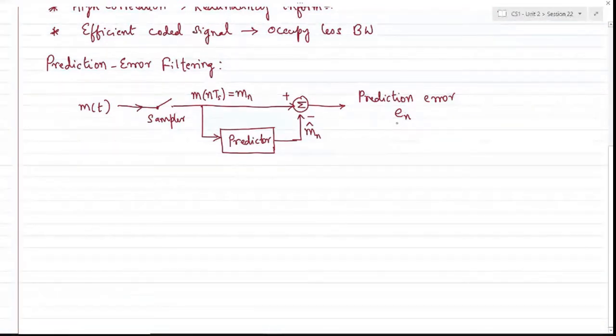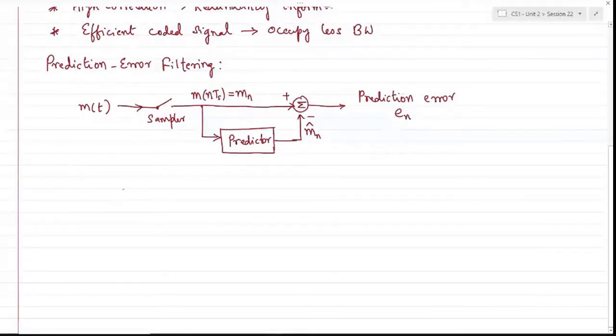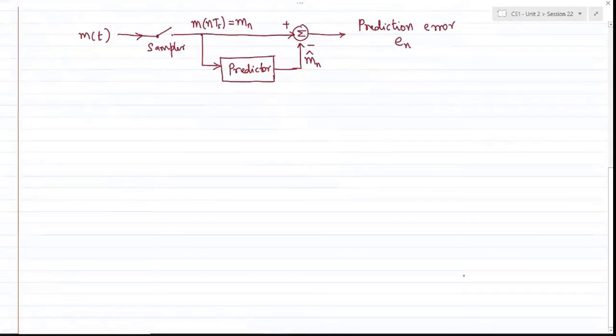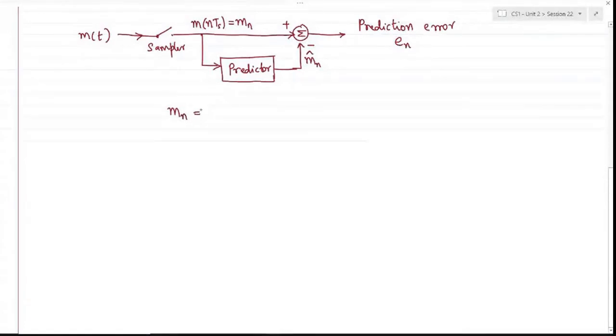So our whole job, or the idea behind this, is to minimize the variance of the prediction error. This is the idea of prediction error filtering, which will be utilized in the later part of this discussion.